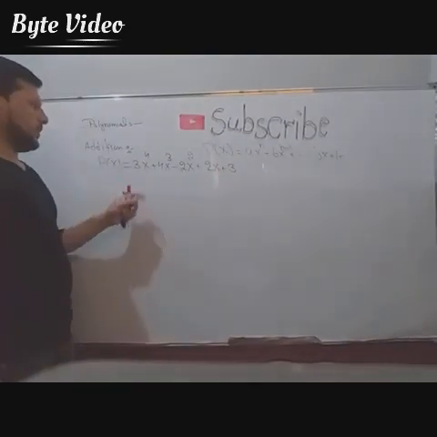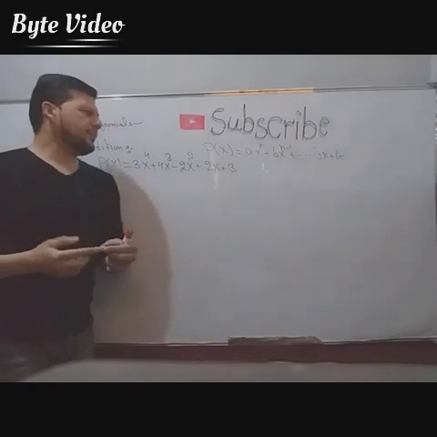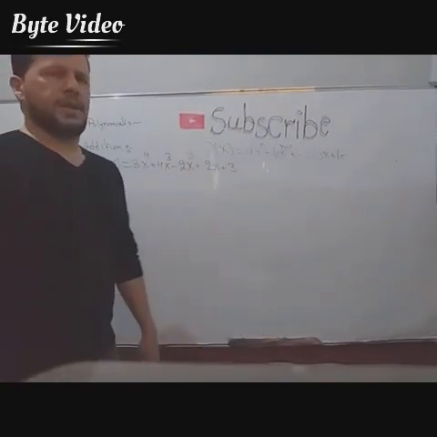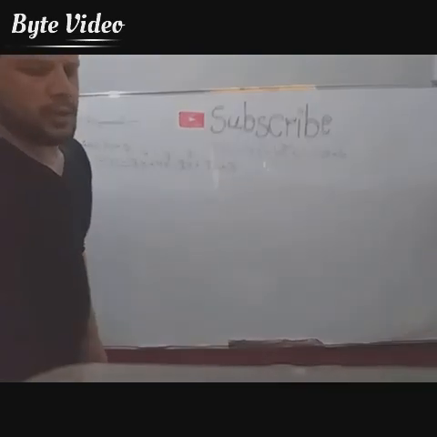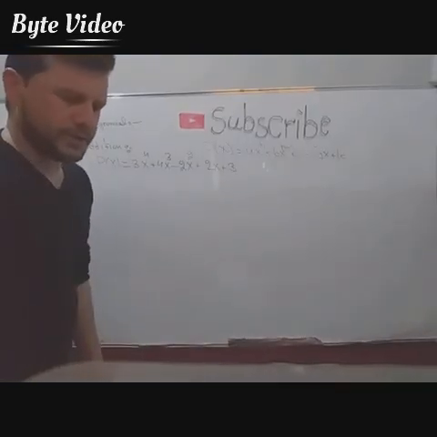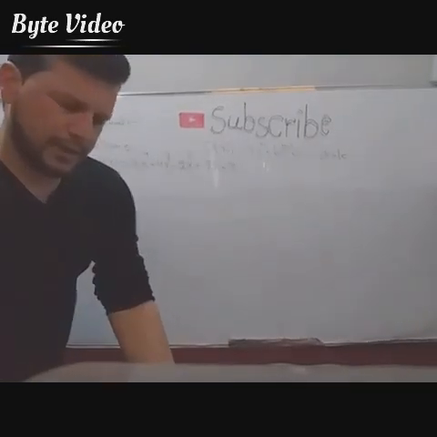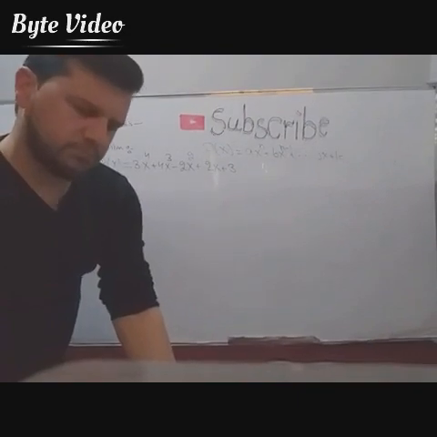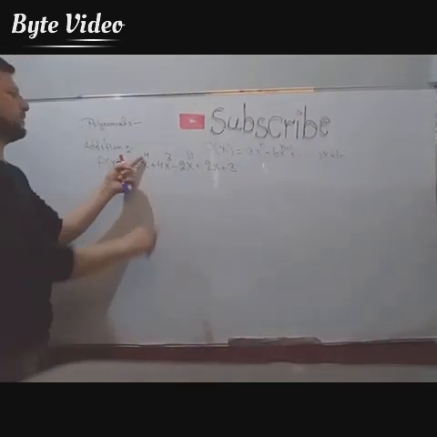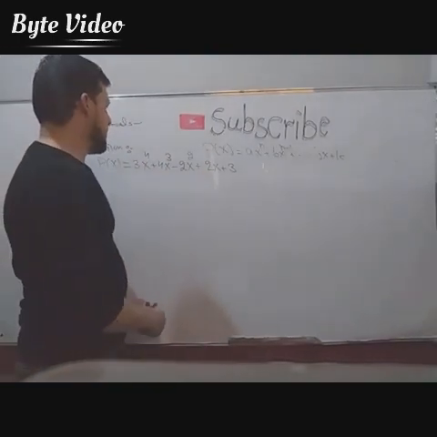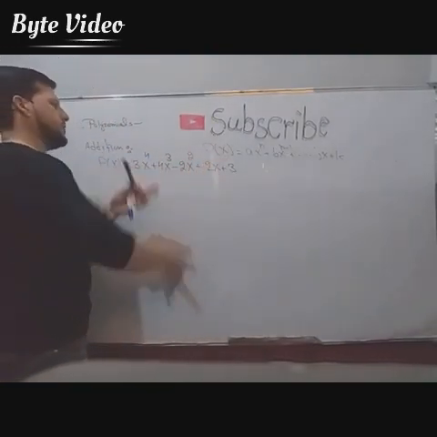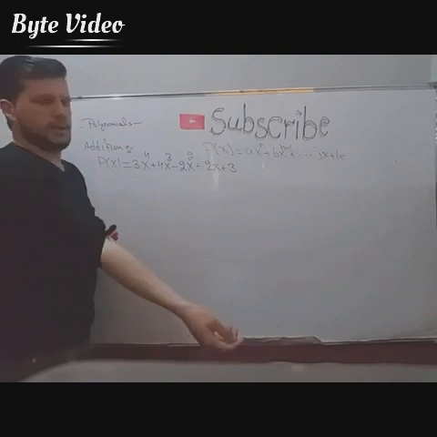As you know, a polynomial can be written in descending order or ascending order. If the polynomial is written from the highest exponent to the lowest, it is in descending order, and the contrary of this is ascending order.